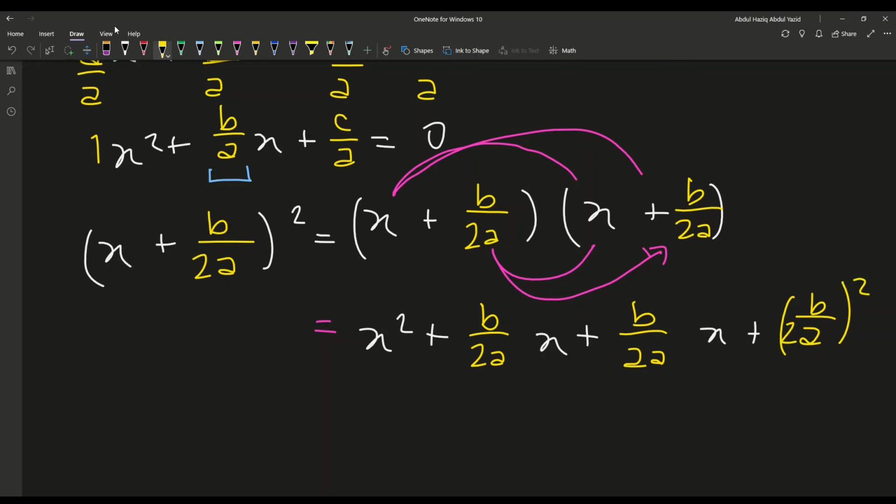So this simplifies neatly to b over a x, plus b over 2a all squared.